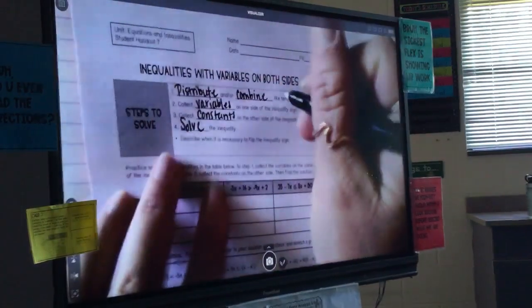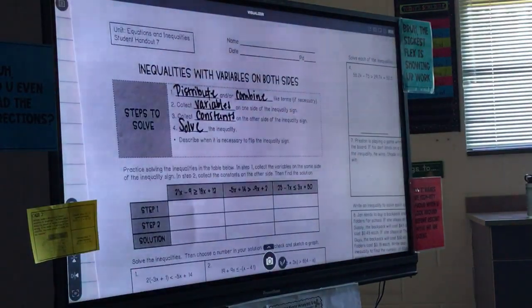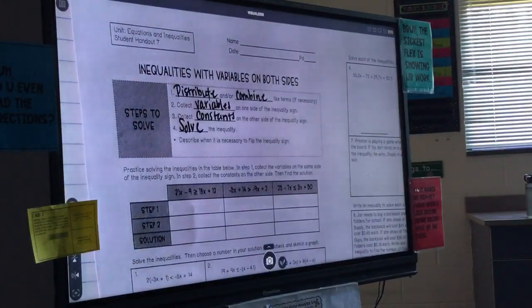This last one is where it does get a little bit tricky because you do have to look at it and say, am I dividing or multiplying by a negative number?